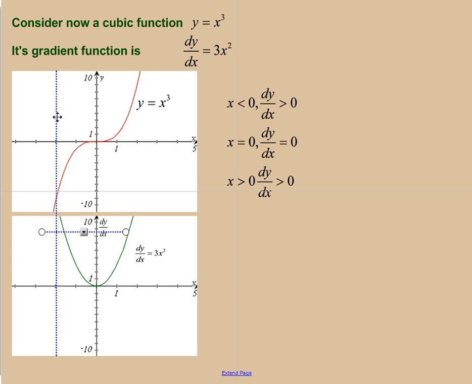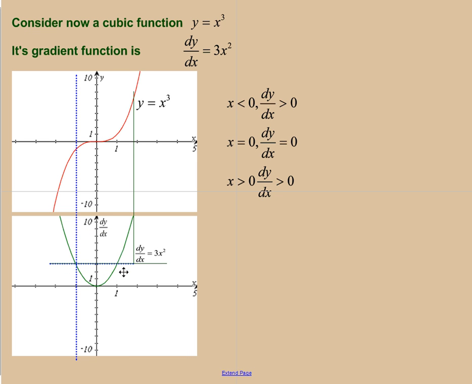If I come in to x equal to -1, putting it in the equation, we expect that (-1) squared is 1, times 3. We expect the gradient to be 3, and if we read off 1, 2, 3, that's what the gradient function dy/dx is telling us the slope is at that point.